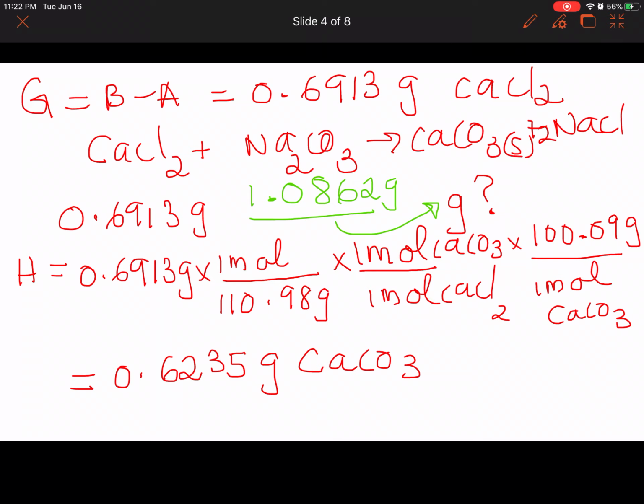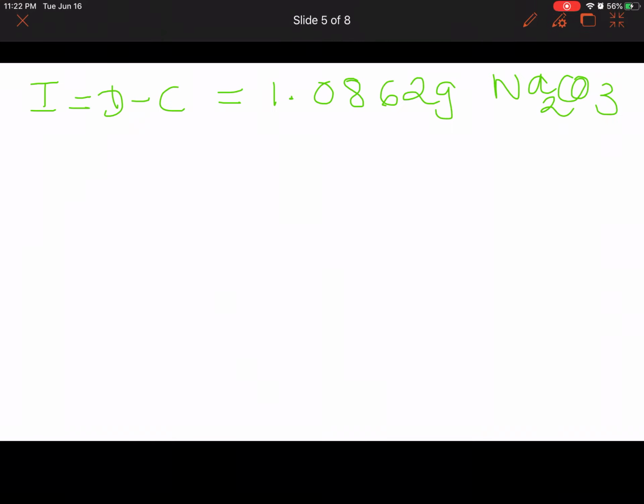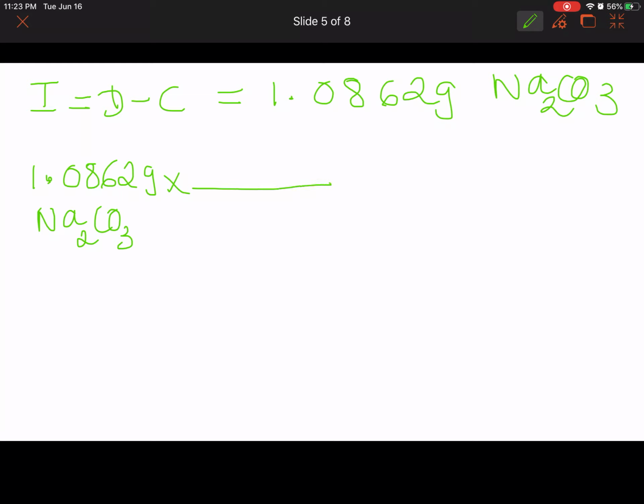Okay, so to do that, we start with 1.0862 grams sodium carbonate. And then what should be the next step? Convert into moles. So 1 mole sodium carbonate is the molar mass of sodium carbonate, which is 105.99 grams.